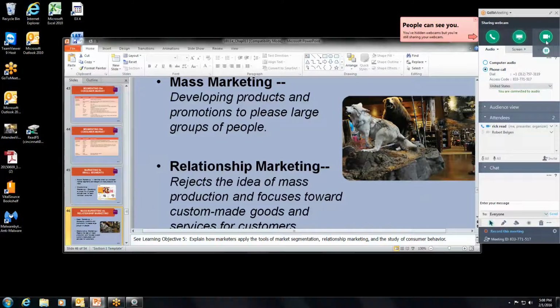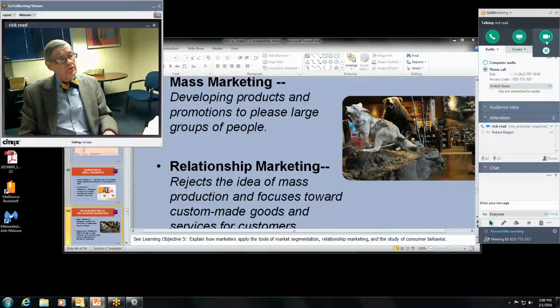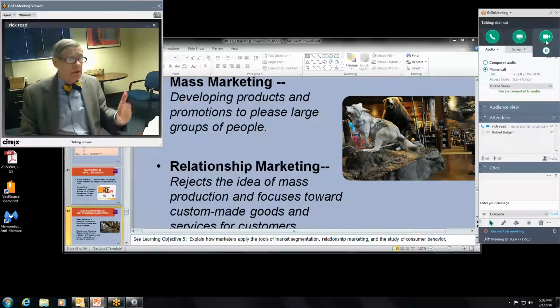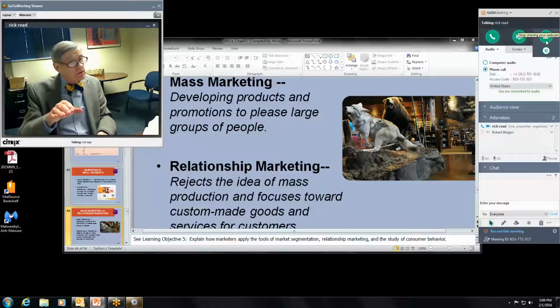We're developing a product or products that's going to appeal to the greatest number of people. And then relationship marketing goes back to what we talked about early on when we started this conversation, and that is actually getting in and finding out what your customer wants, and then developing a product. Probably better to say customer base wants, and then developing a product to meet what they're looking for. Notice custom-made goods and services for customers.